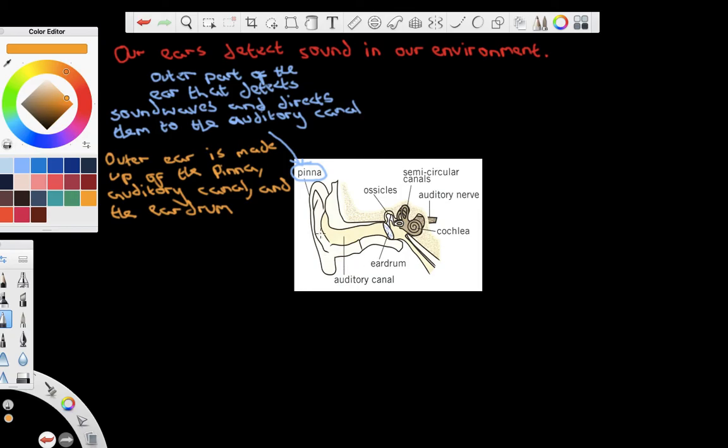The auditory canal is a tube that directs the sound waves towards the eardrum.